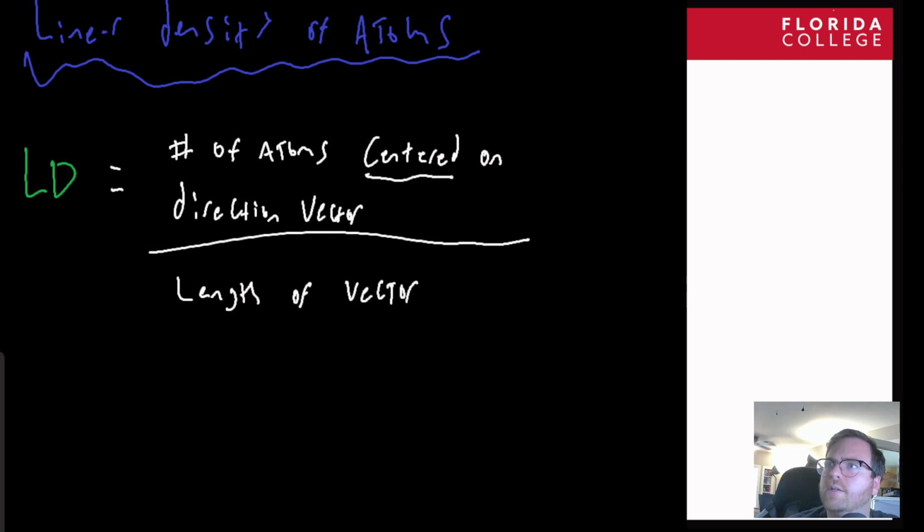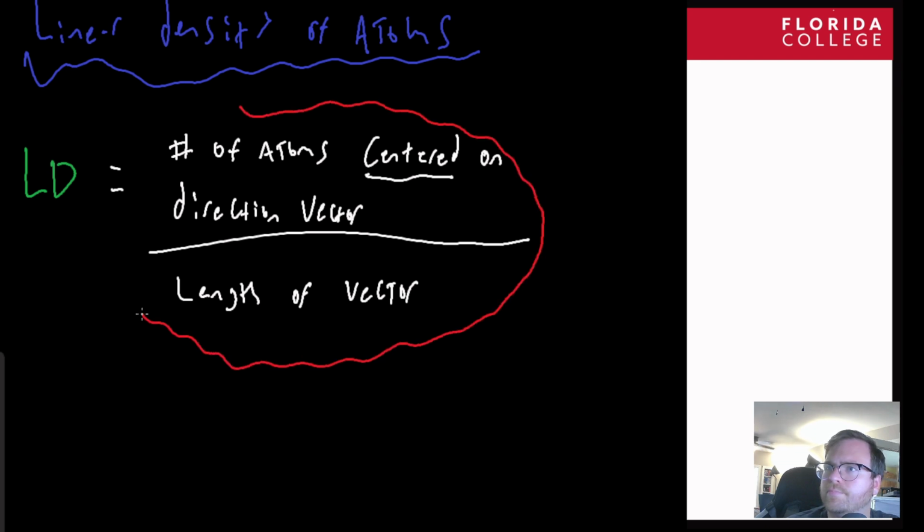That's what we call linear density. Okay. So let's give an example. I'm going to have a unit cell.